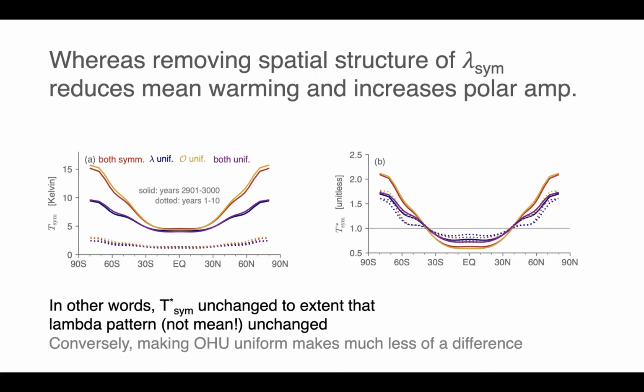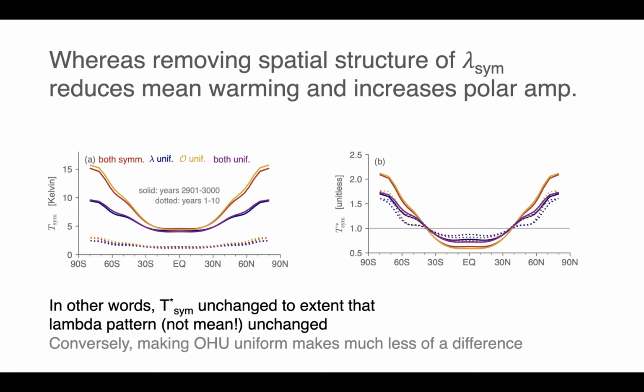The red and yellow curves go together and the blue and purple curves are a separate pair. The red is the full case, as I mentioned, and the yellow is the case where ocean heat uptake has been made uniform. In other words, the ocean heat uptake spatial pattern doesn't have as much effect as the spatial pattern of the radiative feedback parameter lambda.